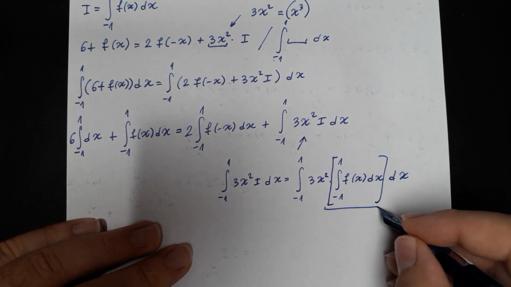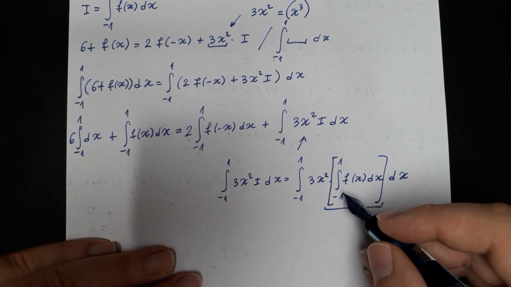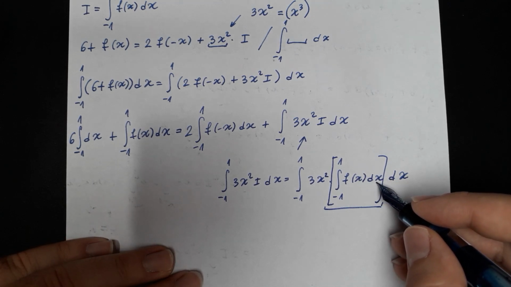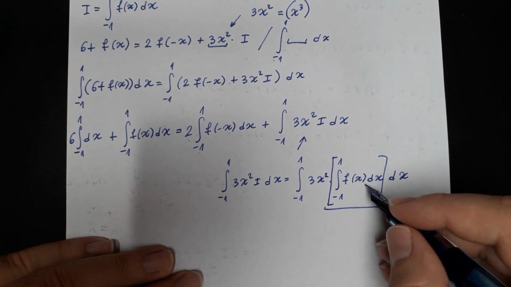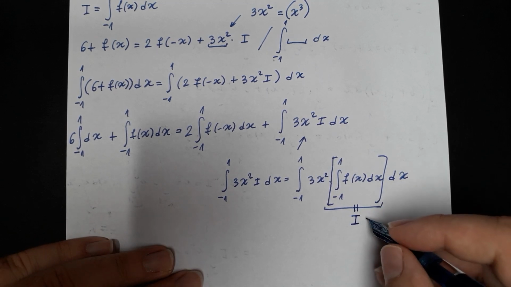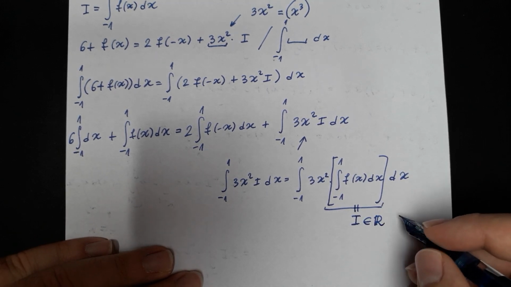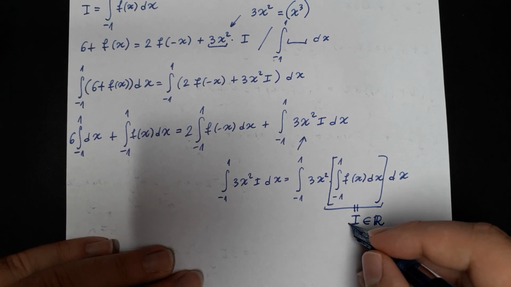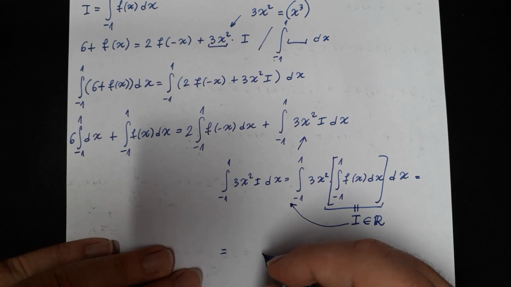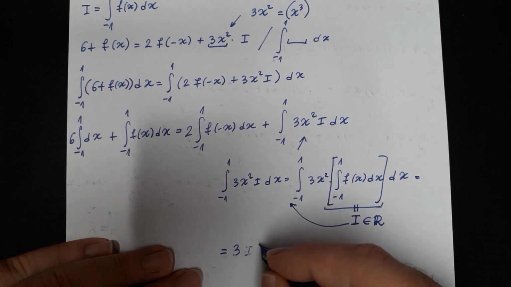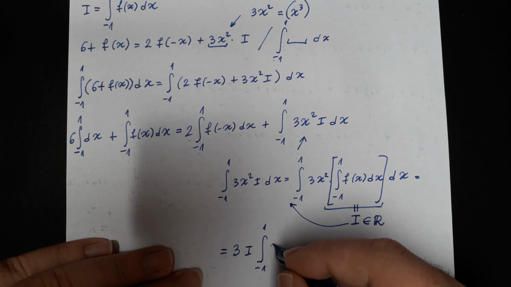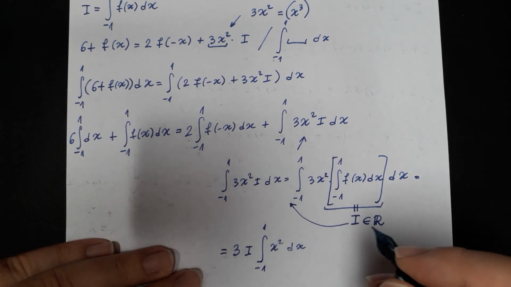So when we take a look at this integral, it is a bounded integral from -1 to 1 of a function f(x) dx. That is going to be a real number, a constant, which we have denoted as I. So this is a real number, and as a constant, it can get outside of the integral. So we are going to be left with 3I times the integral from -1 to 1 of x squared dx.